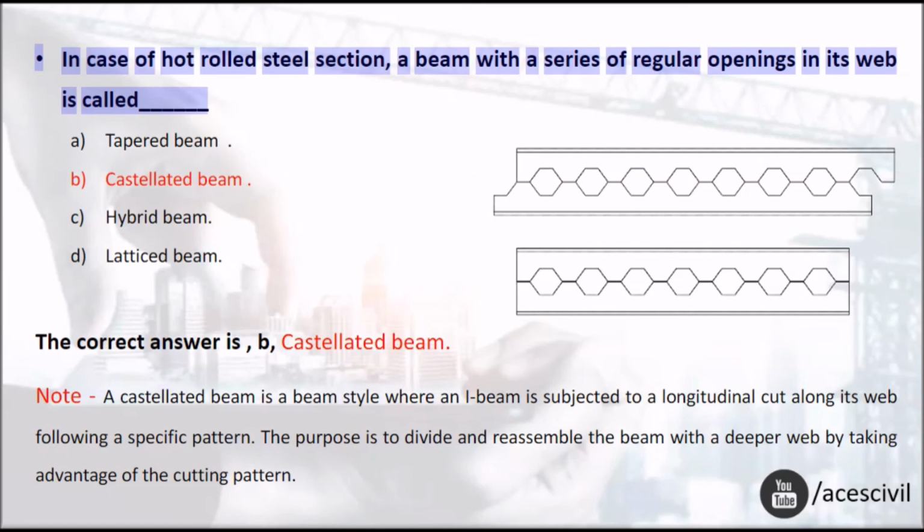In case of hot-rolled steel section, a beam with a series of regular openings in its web is called A. Tapered beam. B. Castellated beam. C. Hybrid beam.